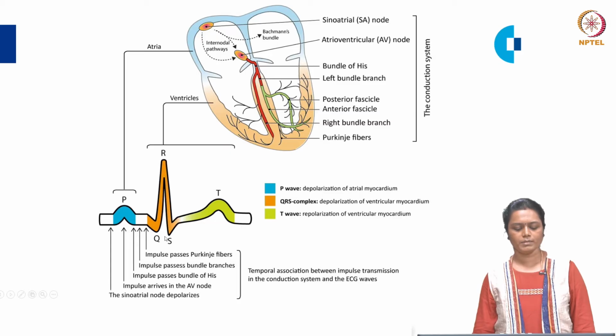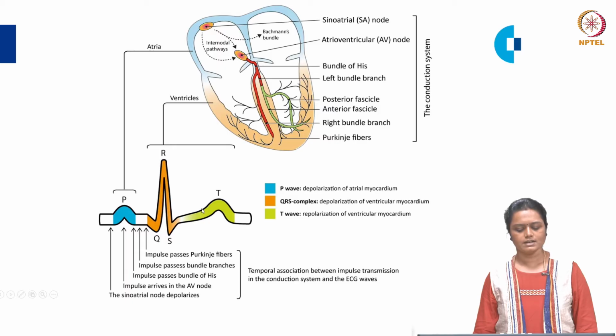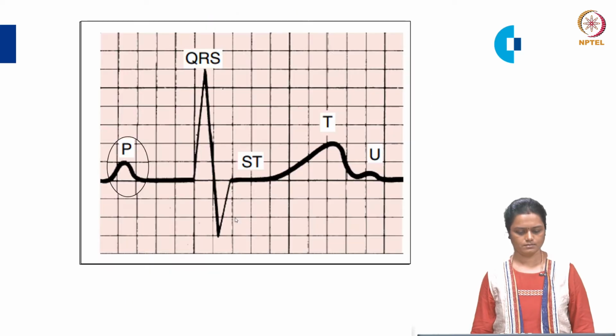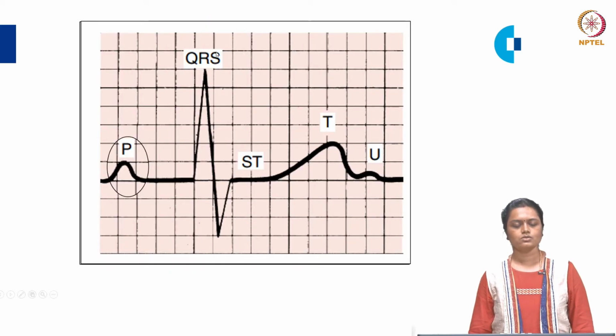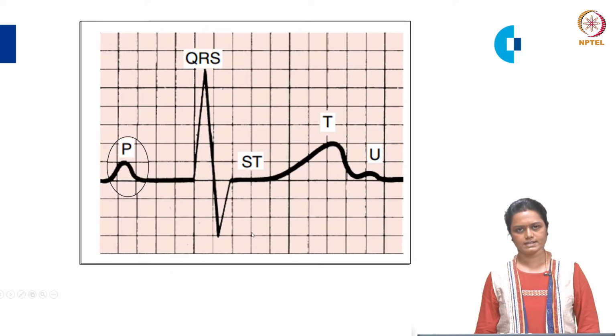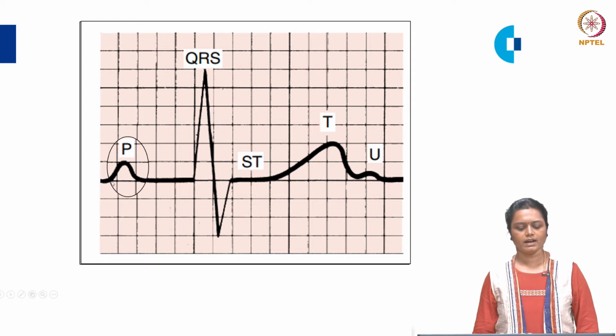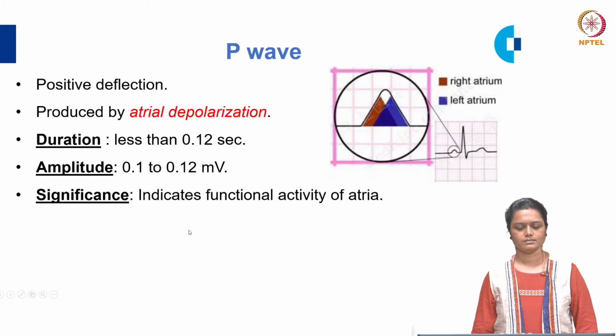The QRS complex signifies the depolarization of the ventricles, and the T wave represents the ventricular repolarization. So, this is the lead 2 ECG, where you have the typical waveforms which can be appreciated.